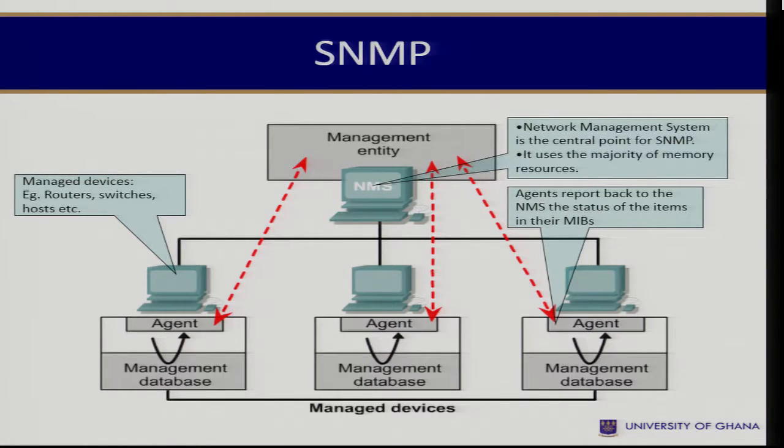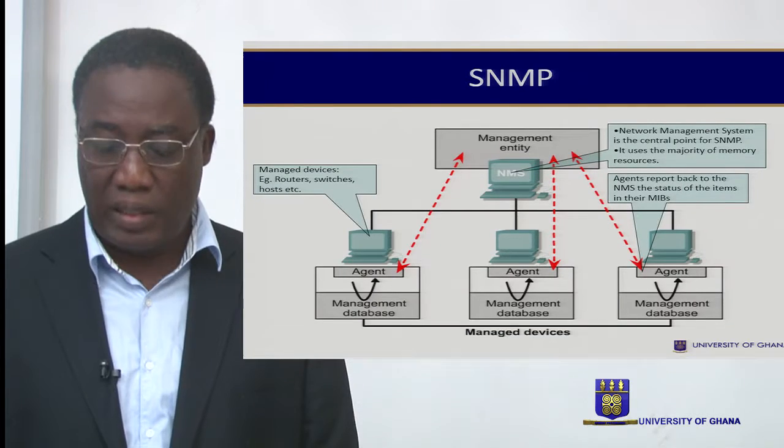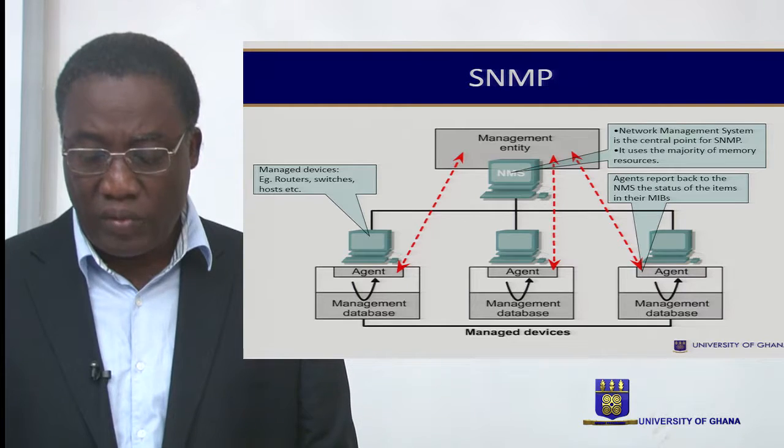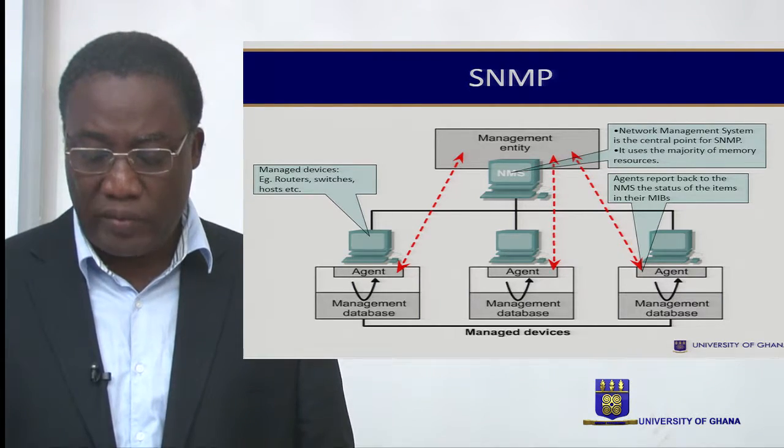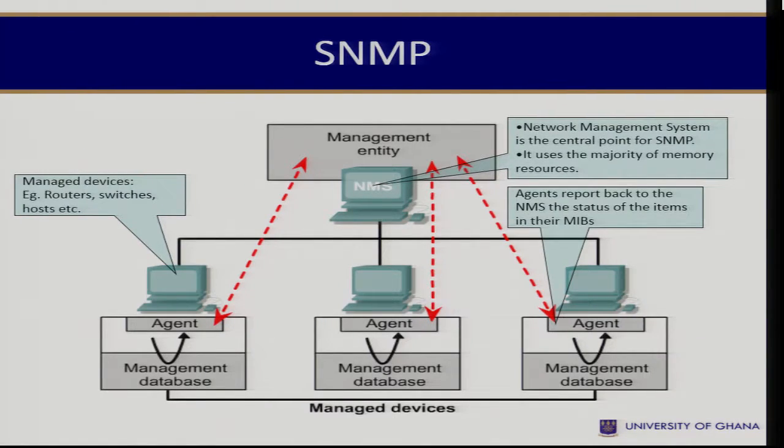SNMP, this is the network management system. They execute applications that monitor and control managed devices. The bulk of the processing and memory resources required for network management are provided by NMS. One or more NMSs must exist on any managed network. Managed devices must contain an SNMP agent that resides on a managed network.